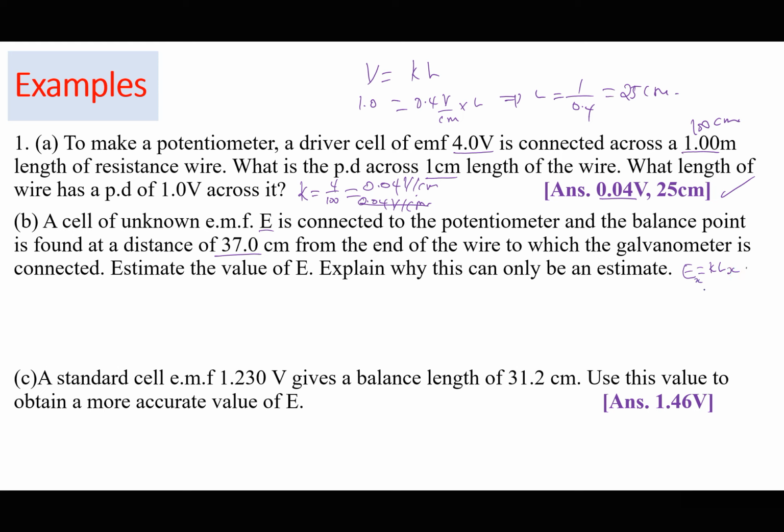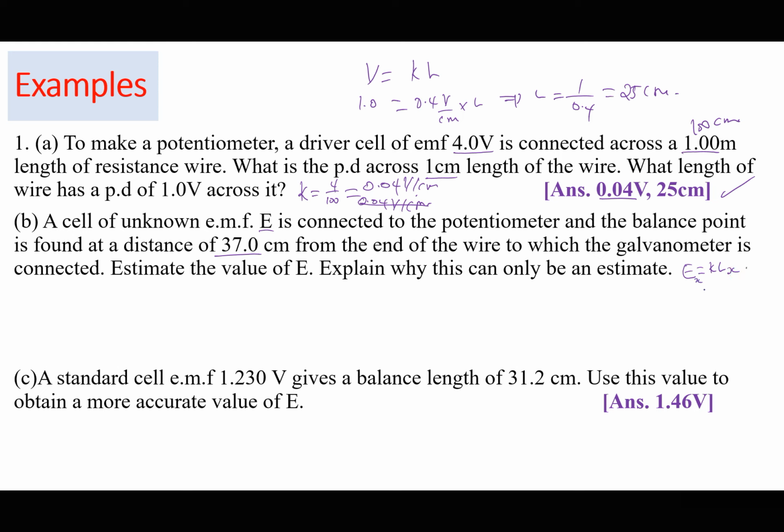So EX divided by 1.23 is the same as 37.0 divided by 31.2. The centimeters cancel out. So remember, this is in volts. So this is going to give us 37 divided by 31.2, then times 1.23.